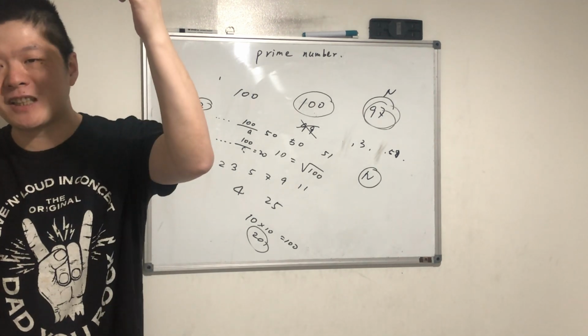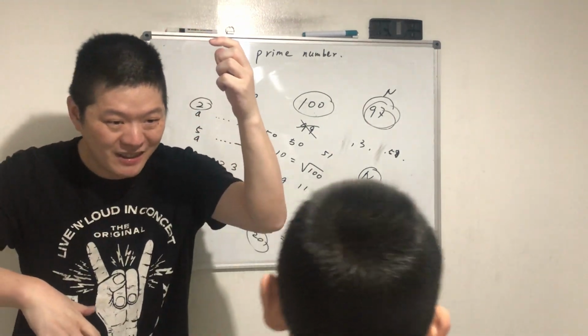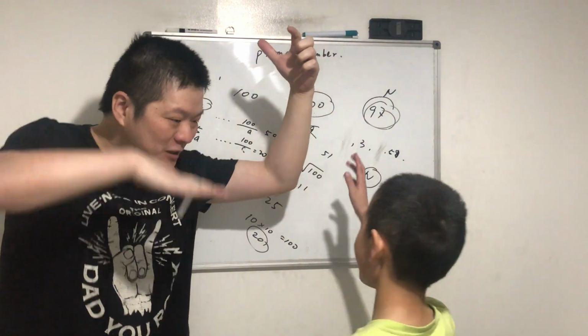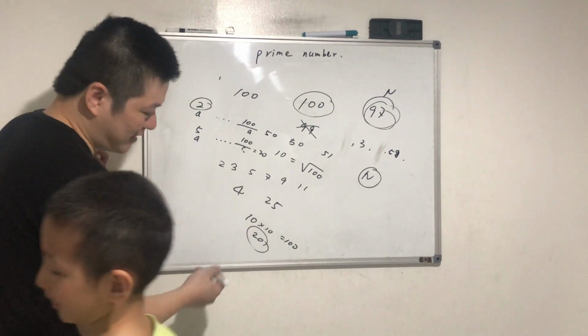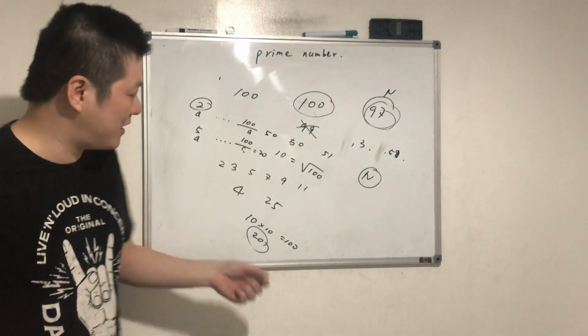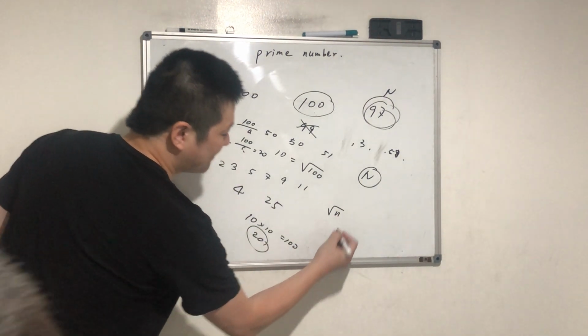If 10 goes to 20, the other 10 needs to go to 5. If this one doubles, this one halves. So that's what I'm saying, it always comes in pairs. So it means we just need to check the numbers up to the square root of n.